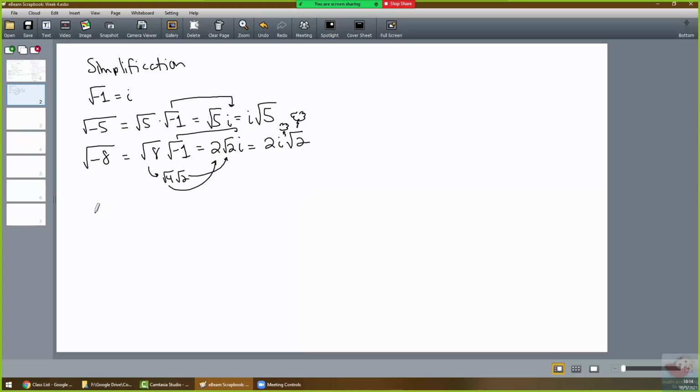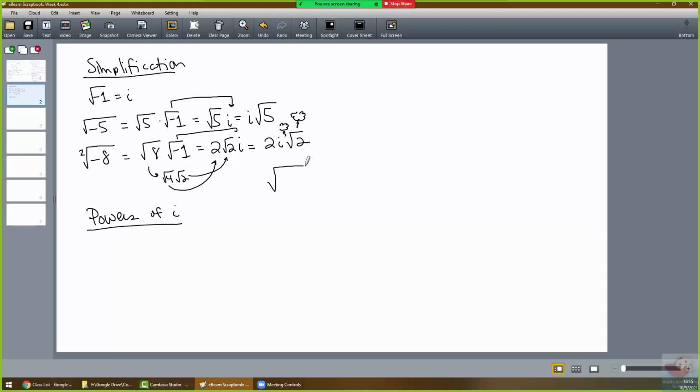Other things with multiplication would be powers of i. But actually, first off, questions so far? All right. Powers of i. Basically, when we do the breaking down of a radical, in this case, since this is a square root, you want to pull out the largest perfect square.